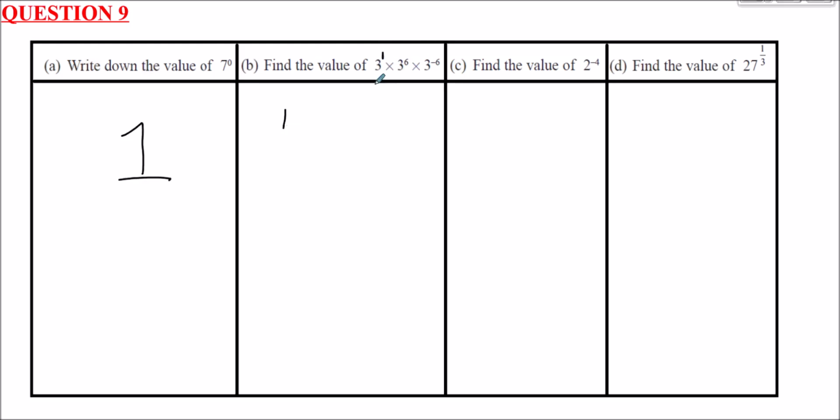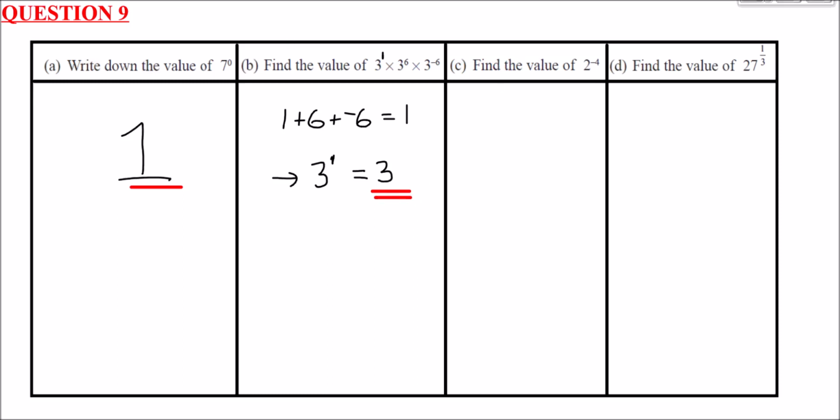So we've got 1 plus 6, and then plus minus 6. That equals 1. 1 plus 6 is 7, take away 6 is 1. So the answer to this is just 3 to the power 1, which of course is just 3. So the first one's 1, part B, the value is simply 3.